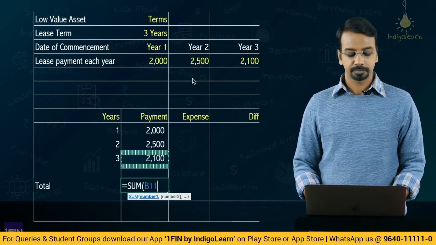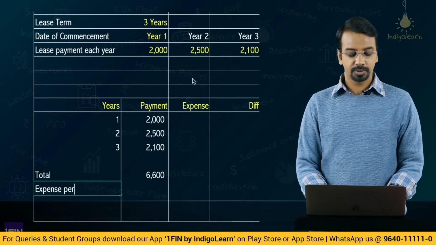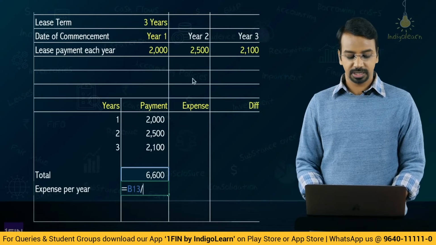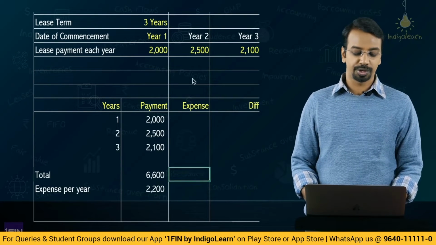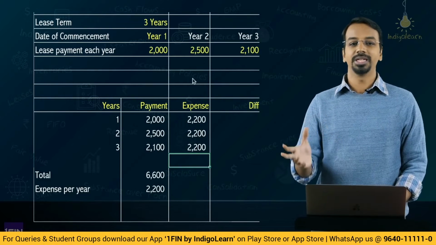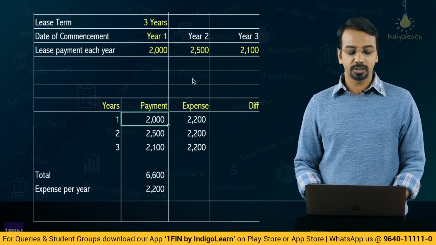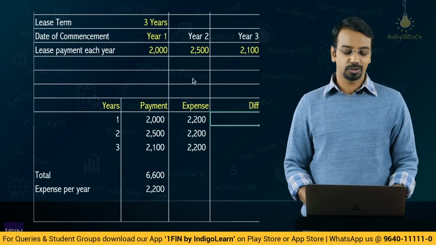Total is 6600, okay. So expense per year will be how much? 6600 divided by 3, which is 2200. So every period you will have an expense of 2200 which will be charged to the P&L like you would do in the case of an operating lease. But then you see, you pay 2000 but there is an expense of 2200.